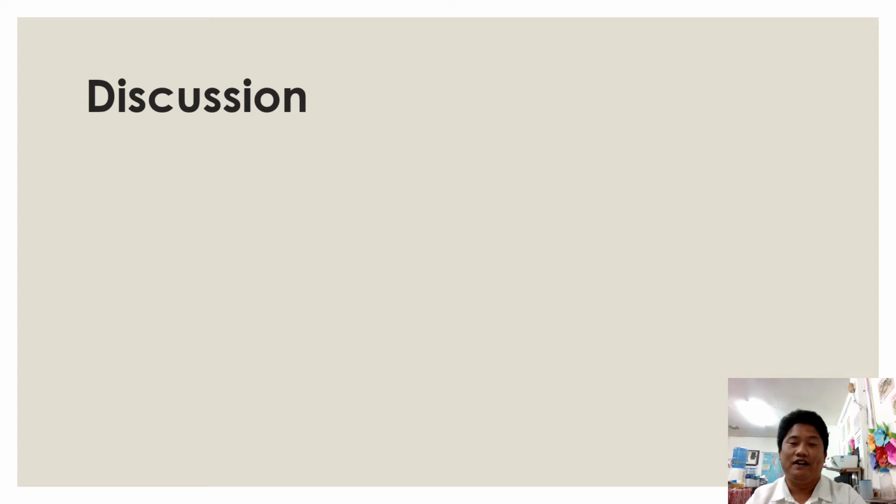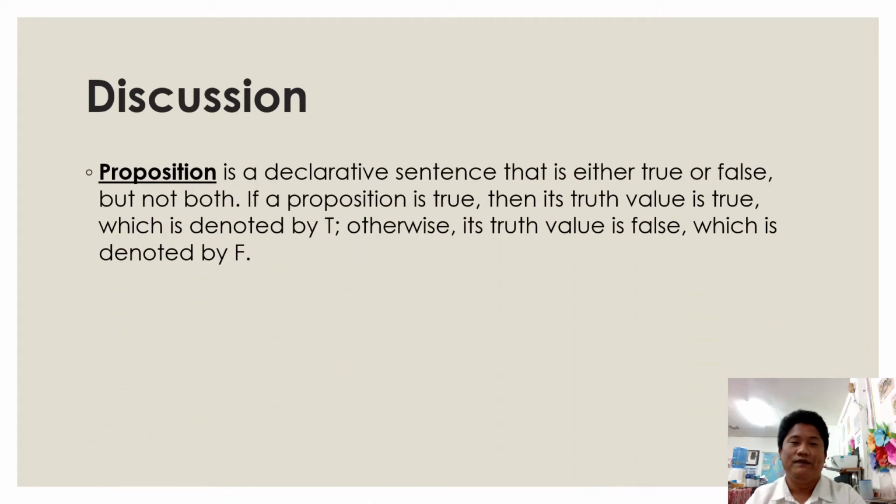Now we will discuss about the proposition. What is a proposition? When we say proposition, it is a declarative sentence that is either true or false, but not both. If a proposition is true, then its truth value is true, which is denoted by letter T. Otherwise, its truth value is false, which is denoted by F. So again, proposition is a declarative sentence, meaning it ends with a period.